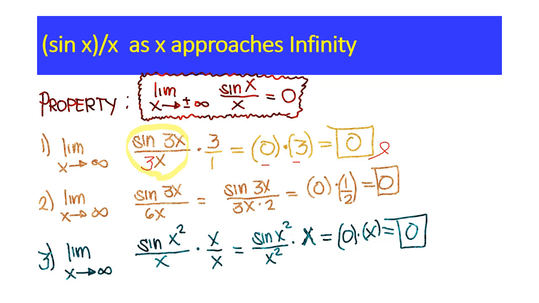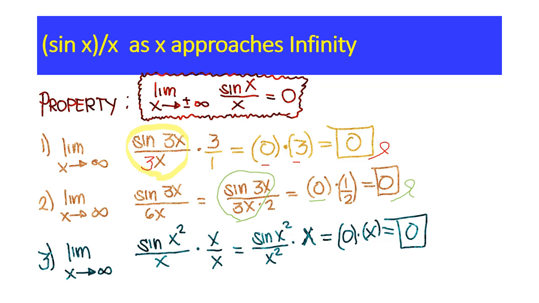Sa ganung paraan, makakaroon tayo ng sin 3x over 3x kung saan itong sin 3x over 3x falls under the property which is equal to 0. And then we're going to multiply that by 1/2 and that will be equal to 0.